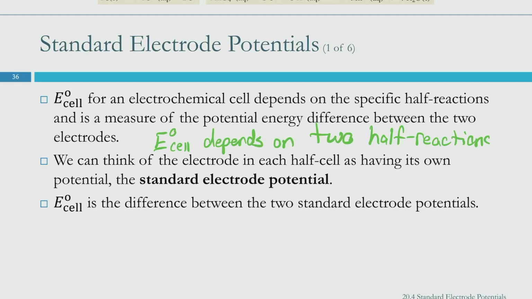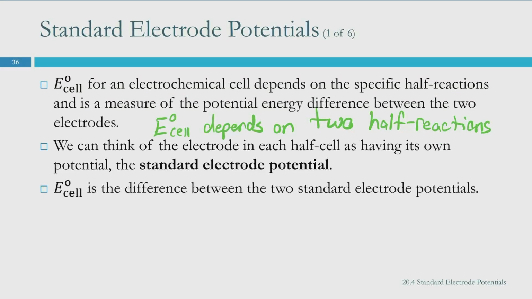If you think about it for long enough, you might realize that this is a little bit problematic for possibly figuring out some of these E cell values. If we wanted to mix and match a lot of different possible anodes and cathodes, we would have to test every single one and figure out, okay, what's the difference between these two? And then test another couple and, okay, what's the difference between these two?